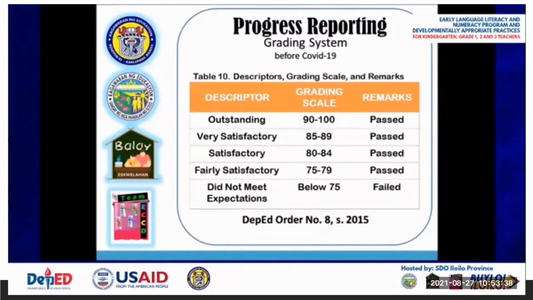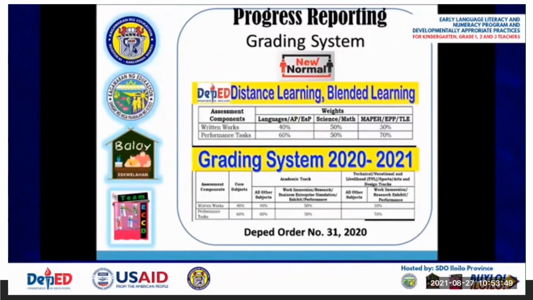This is the grading scale of our learners' progress based on DepEd Order number 8, series of 2015. However, the pandemic brought changes to our education system. Teachers and learners must adapt to alternative learning modalities to ensure the learners will achieve curricular goals.